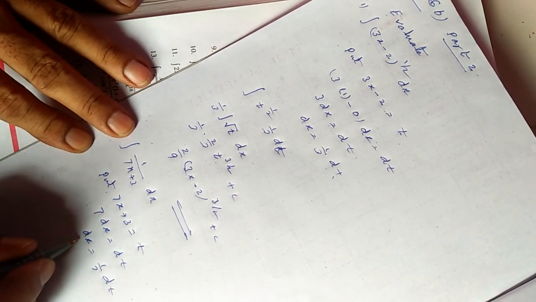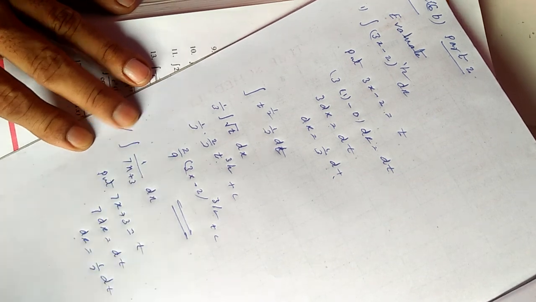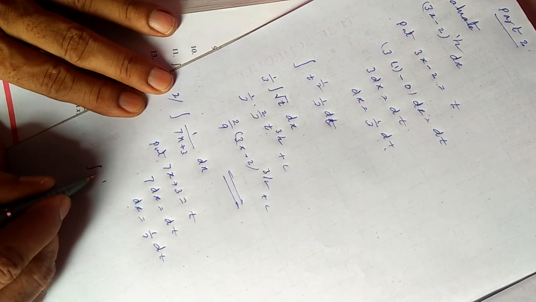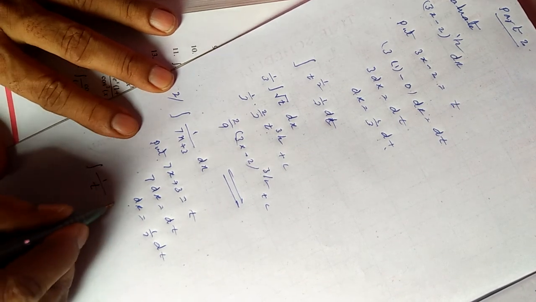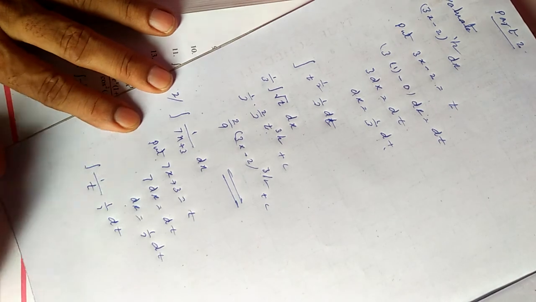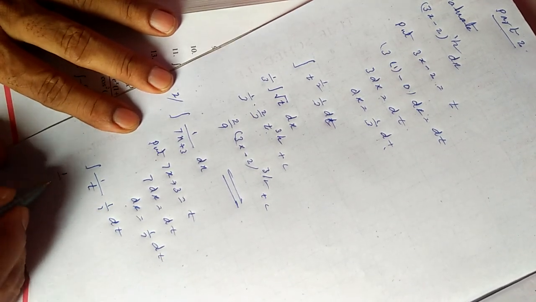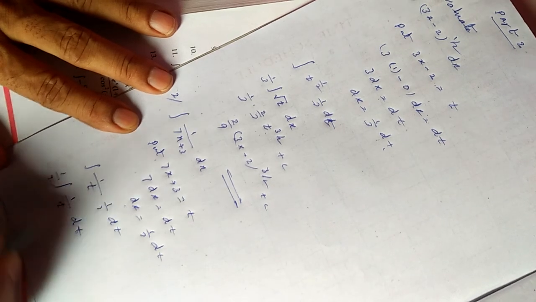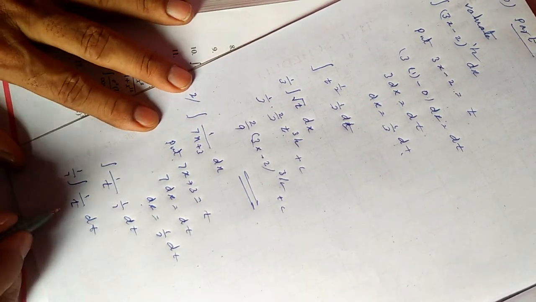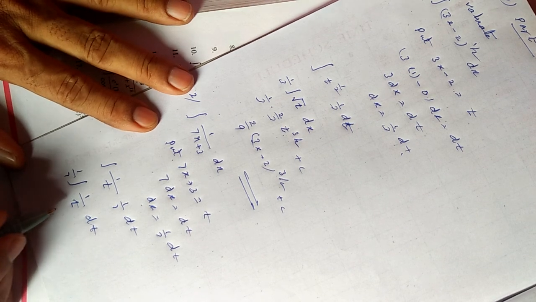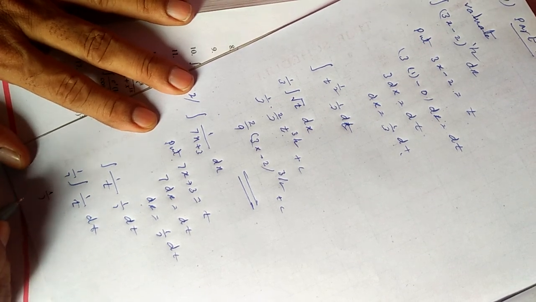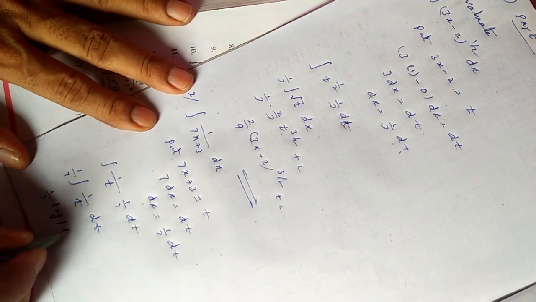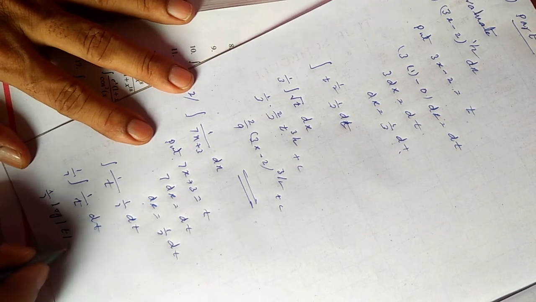Where dx is, we can write 1 by 7 dt. That is the integration 1 by t, 1 by 7 dt. Take the 1 by 7 outside, integration 1 by t dt. 1 by t means our fifth formula. 1 by 7, case number 1, fifth formula: log of mod t plus c.